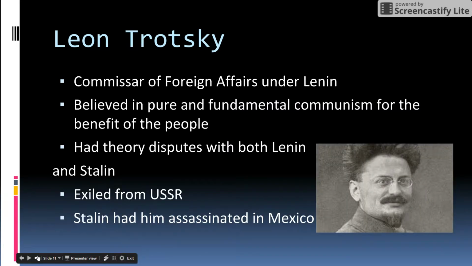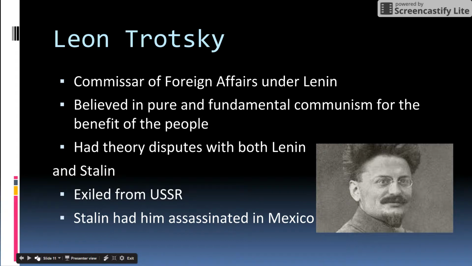Leon Trotsky, he was the Commissar of Foreign Affairs under Lenin, and he believed in pure and fundamental communism for the benefit of the people. So, whereas Lenin and Stalin were using this notion of communism and socialism, and then they kind of took that and created a totalitarian dictatorship out of it, Trotsky believed that communism and socialism should benefit the people.